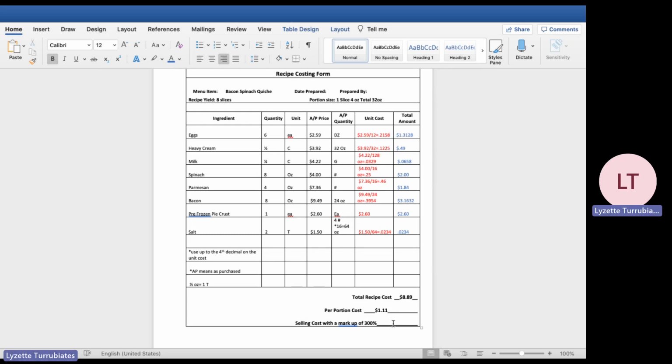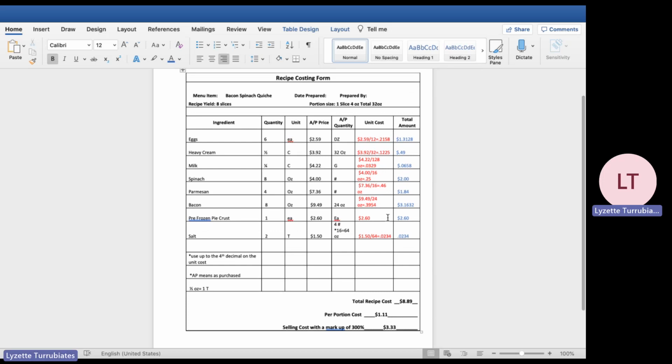And so now we need to mark up this recipe 3 times. So that means we're going to mark it up 300%. So we're going to multiply it by 3. So that's going to equal 3.33. So that's how much our menu item is going to cost.